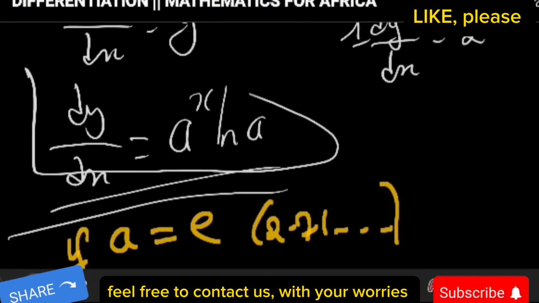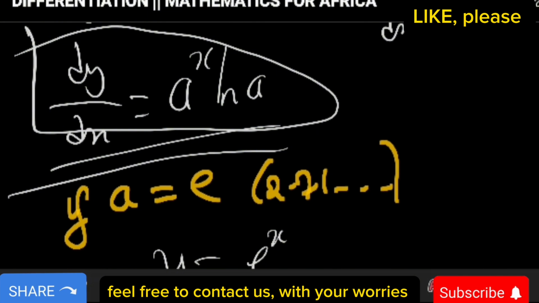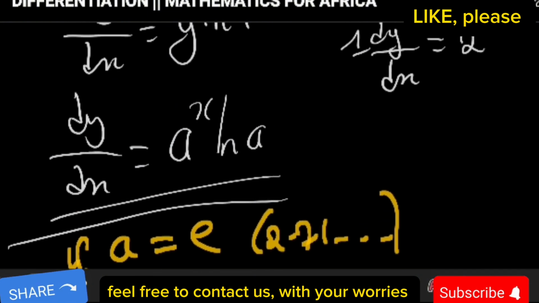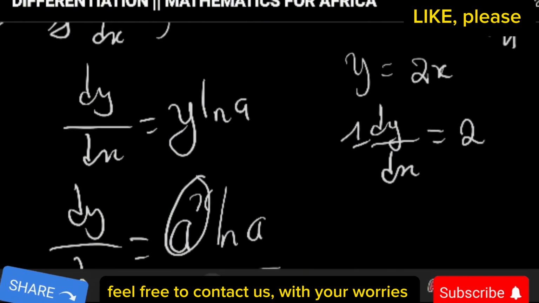And you come down here and you substitute, you simply get dy on dx equal to e to the x, that is our y here, times ln a, and our a is simply e.